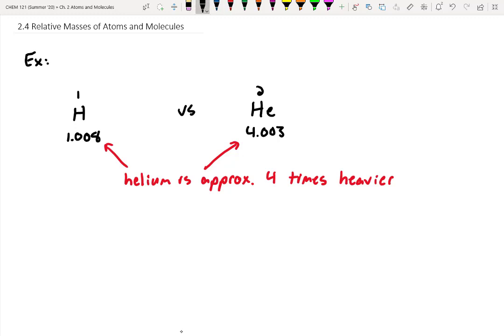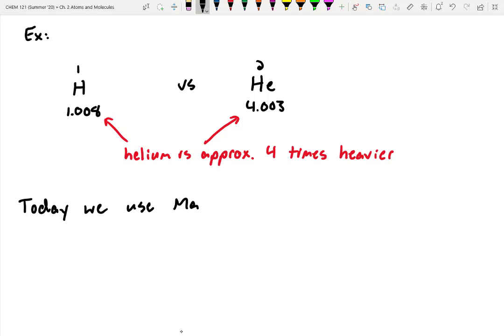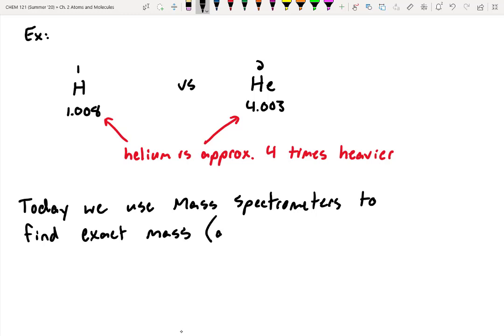Today we have a lot more advanced equipment in our labs where we can actually measure the exact mass rather than the ratio. In particular, I wanted to make a note on that. Today we use what are called mass spectrometers to find exact masses, and we don't need ratios.